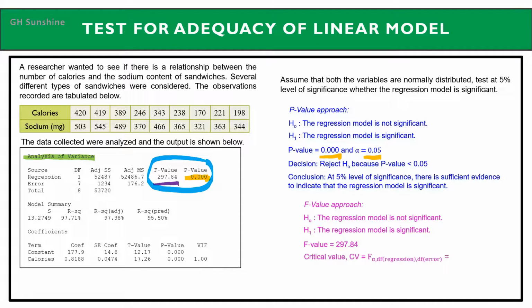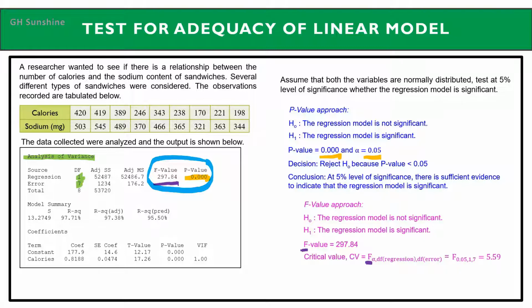297.84. Next step, find the critical value from the F table. Based on the degrees of freedom, regression and then error.